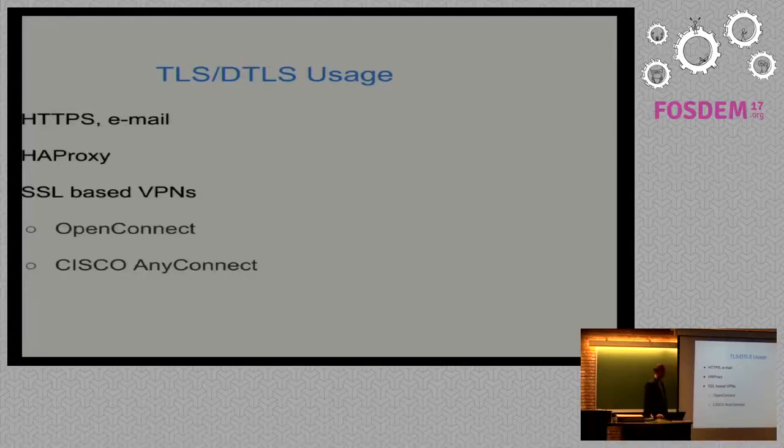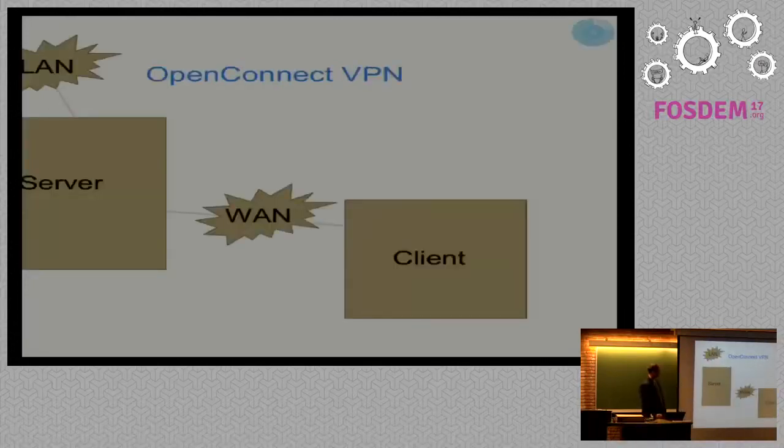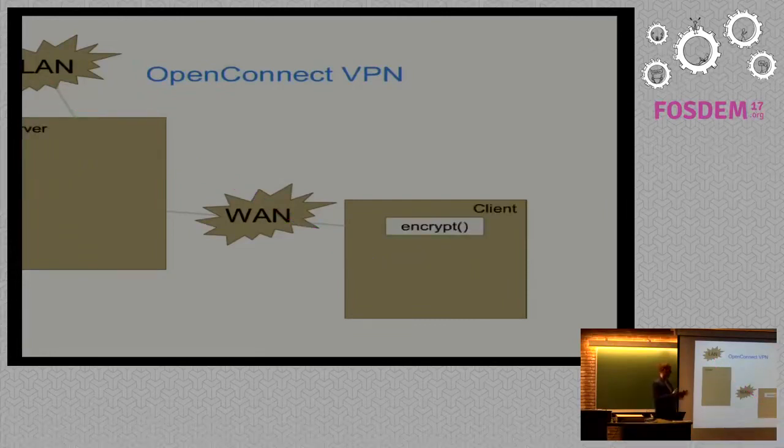And let's focus on some scenarios with OpenConnect. So let's say we have a client that communicates with some device that is located on a local area network. And let's say that the communication is already established, so there is no handshake. We are just sending data. What needs to be done on the client side? A client needs to first encrypt data that needs to be sent.